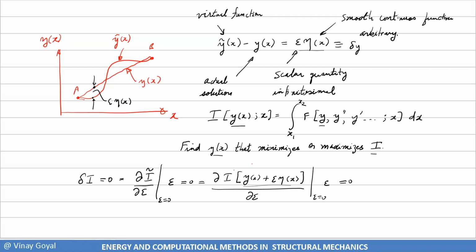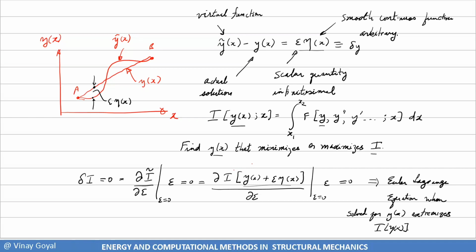And then that will allow us to arrive at the Euler-Lagrange equation that, when solved for y, extremizes I of y.